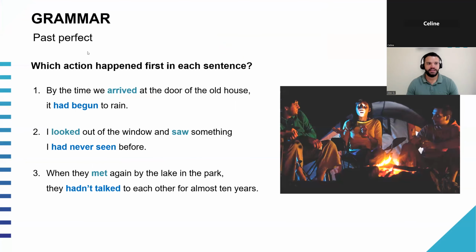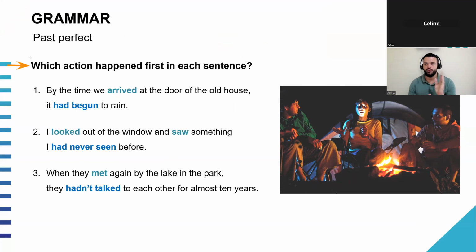Here we have the next one, past perfect. Let's read the instructions and we'll talk about the past perfect. Go ahead and read the question here. Which action happened first in each sentence? All right, so we have multiple actions.